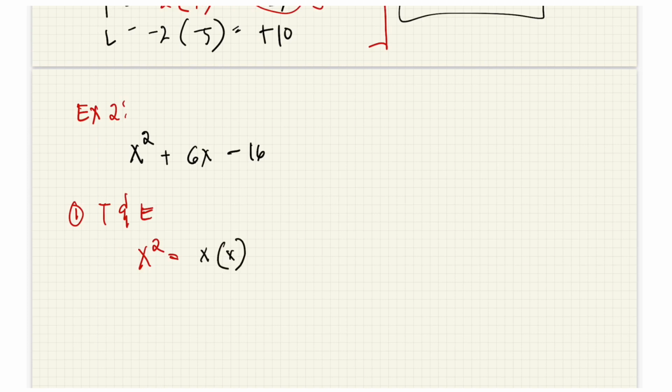Next is the third term. This is the first term, and now we have negative 16, which has the factors of, make sure, guys, that we are going to have a middle term of 6.